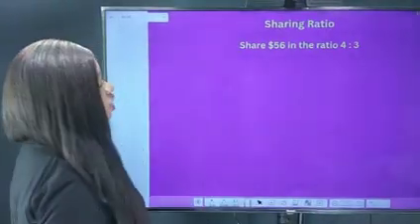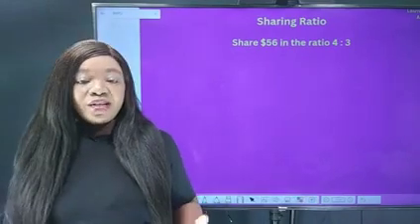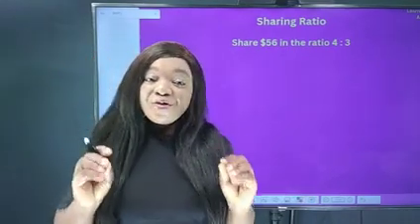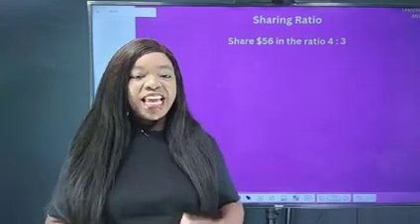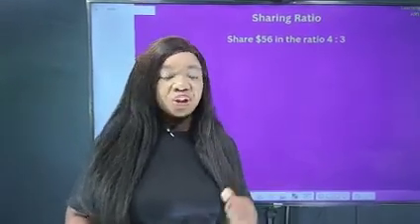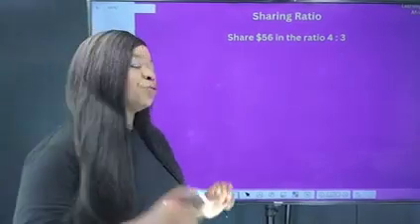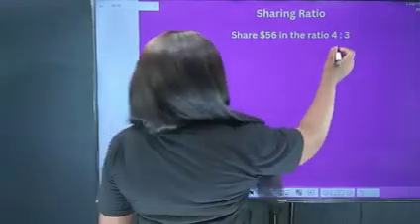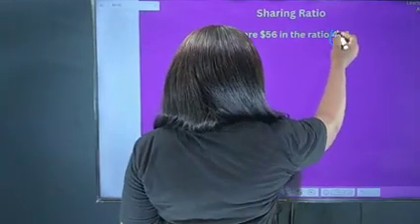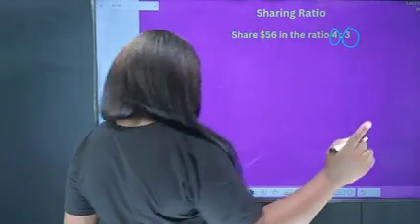Now let's move on. Sharing ratio. At this point, we need to learn how to share ratio, or how to share quantities in given ratio. Now, share $56 in the ratio 4 to 3, which means that 4 is the first share, while 3 is the second share.